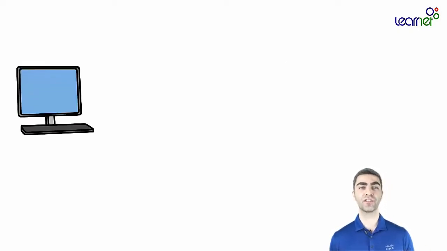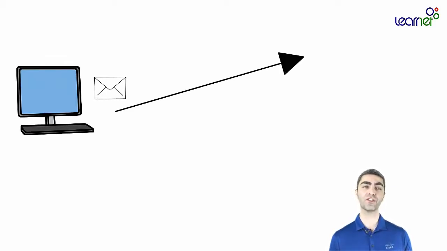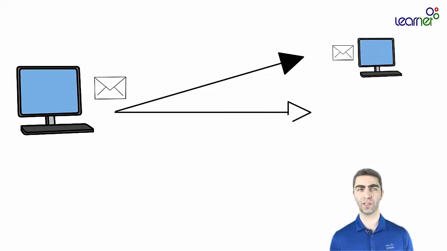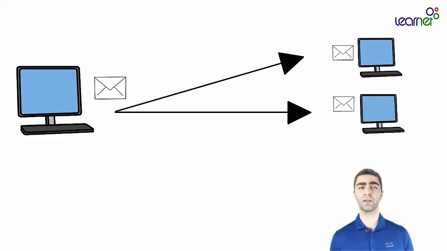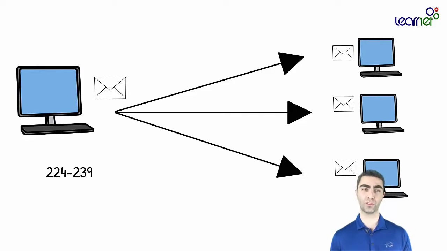Multicast messages are messages that are sent from a single host but to the destination of multiple hosts, but not all hosts. If you remember, when I was talking about different IPv4 addresses and classes, I said if our first octet starts with 224 to 239, that address would be a multicast address.